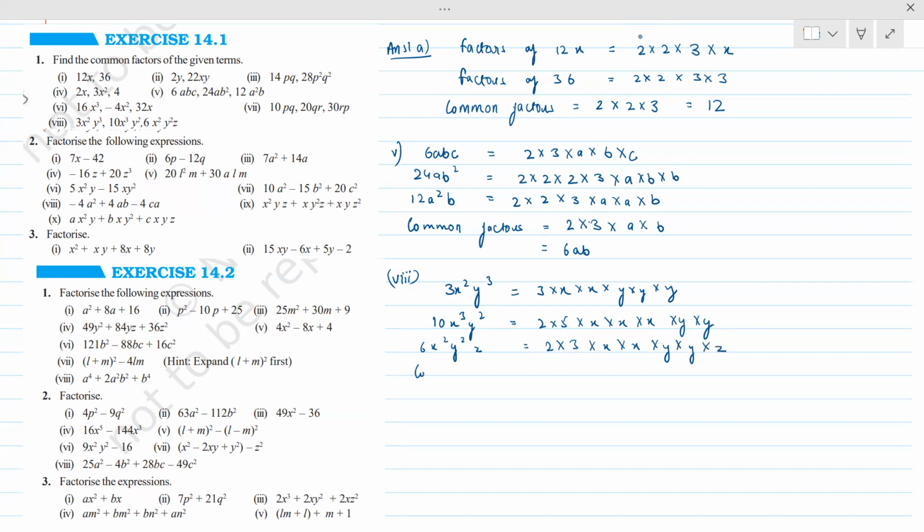So you can see what the common factors will come out to be. 3 is not common in all, so no numerical is common. For the variables, x, x and x, x and x and x, then y, y and y, y, y and y. So x square y square is common in all. Okay. This is how we find the common factors among all the numbers.